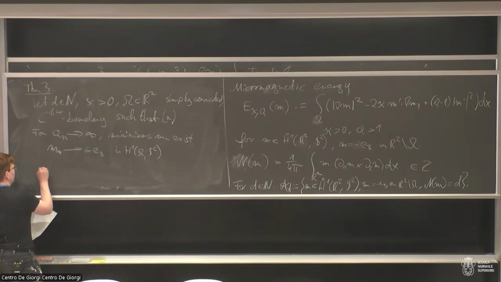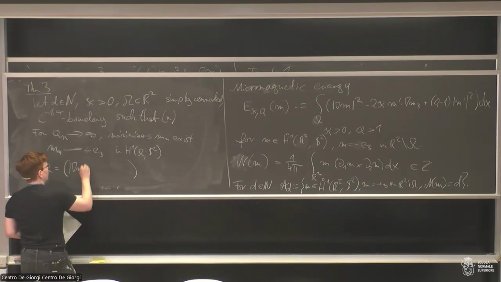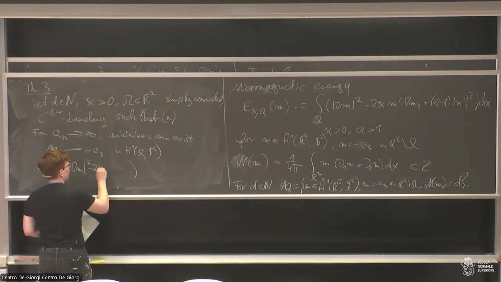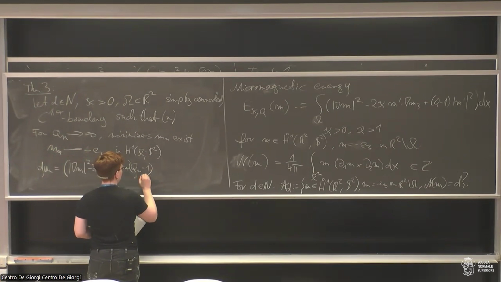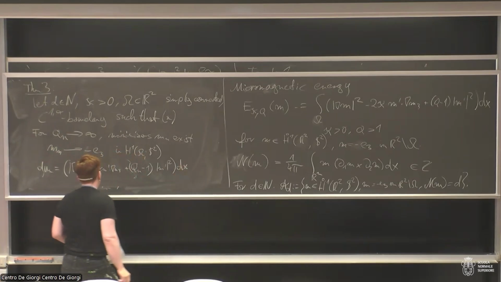So d mu n, which we write down as the energy density, 2 kappa m prime dot nabla m3 plus q n minus 1 m prime squared dx.